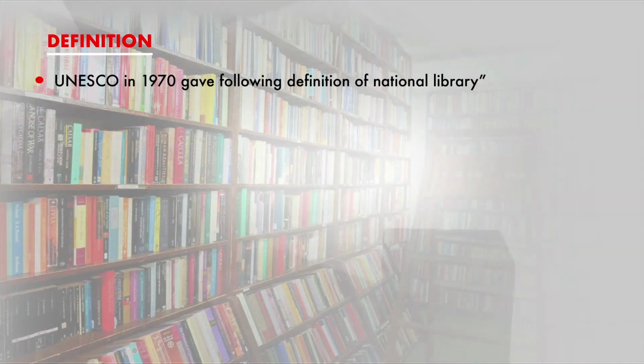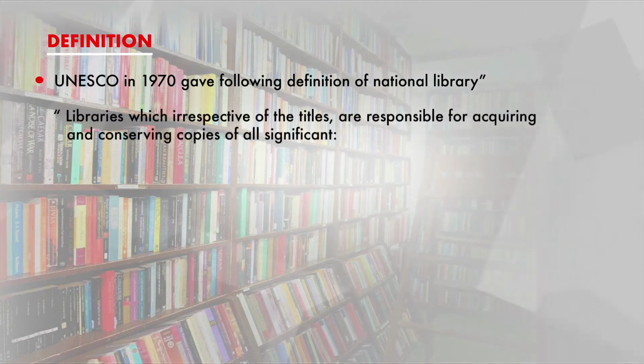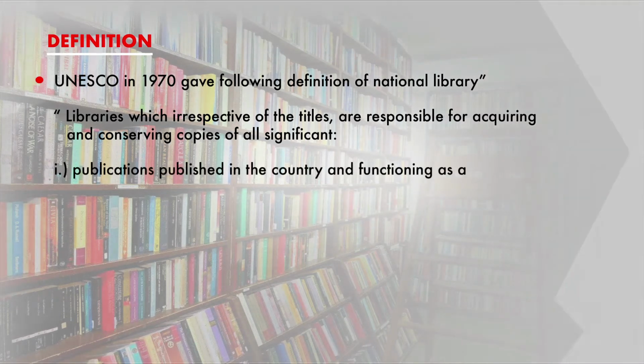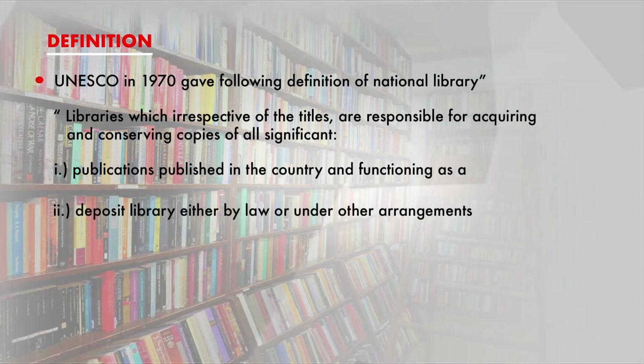In 1970, UNESCO also gave a very important definition of a national library: libraries which, irrespective of their titles, are responsible for acquiring and conserving copies of all significant publications published in the country and functioning as a deposit library, either by law or under other arrangements.